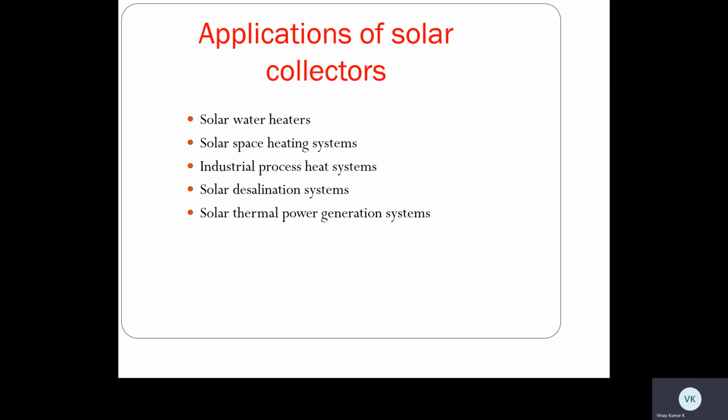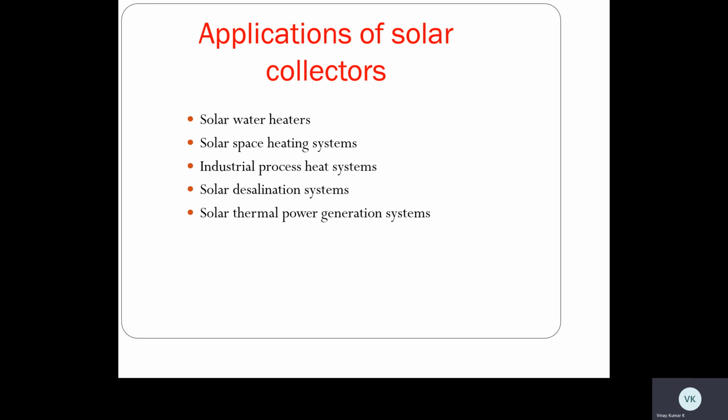In these systems, we use the concept of solar thermal power generation. That is, we use solar energy to heat the water, and the water turns into steam. We use that steam to generate electric power. So that concept is solar thermal power generation.